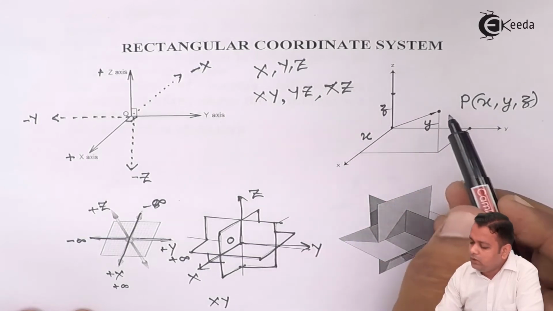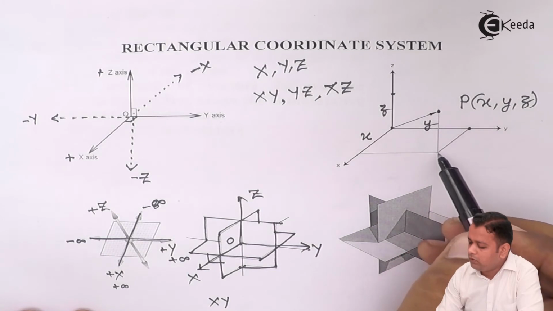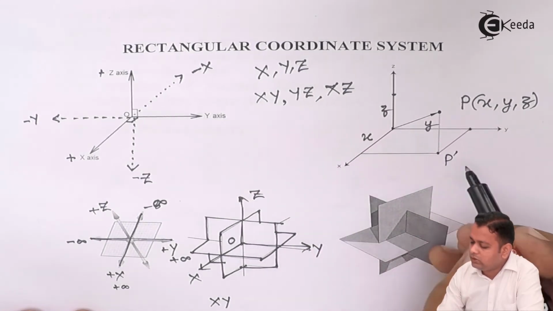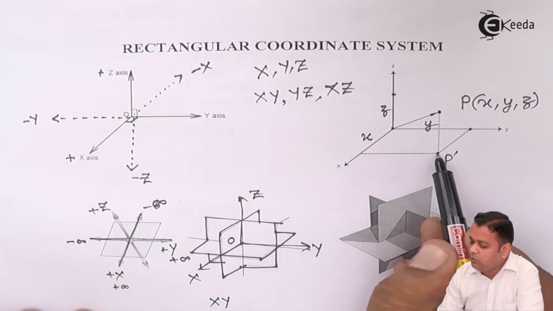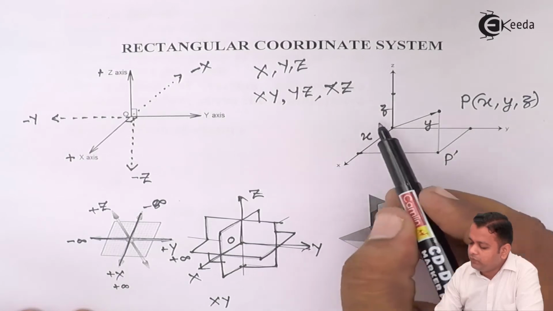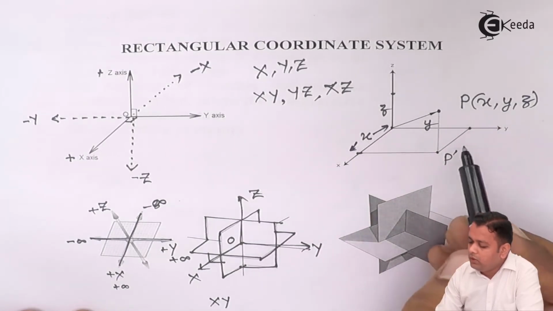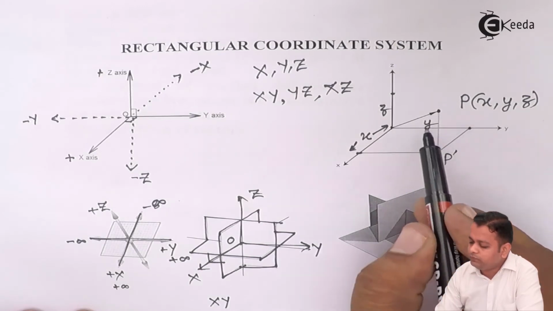In another way, point P is here. We drop a perpendicular on the xy plane which will intersect here. Let us say this is P dash. From P dash, we draw a line parallel to y which will cut x here. So this is small x, the x coordinate. A line parallel to the x-axis cuts y here.